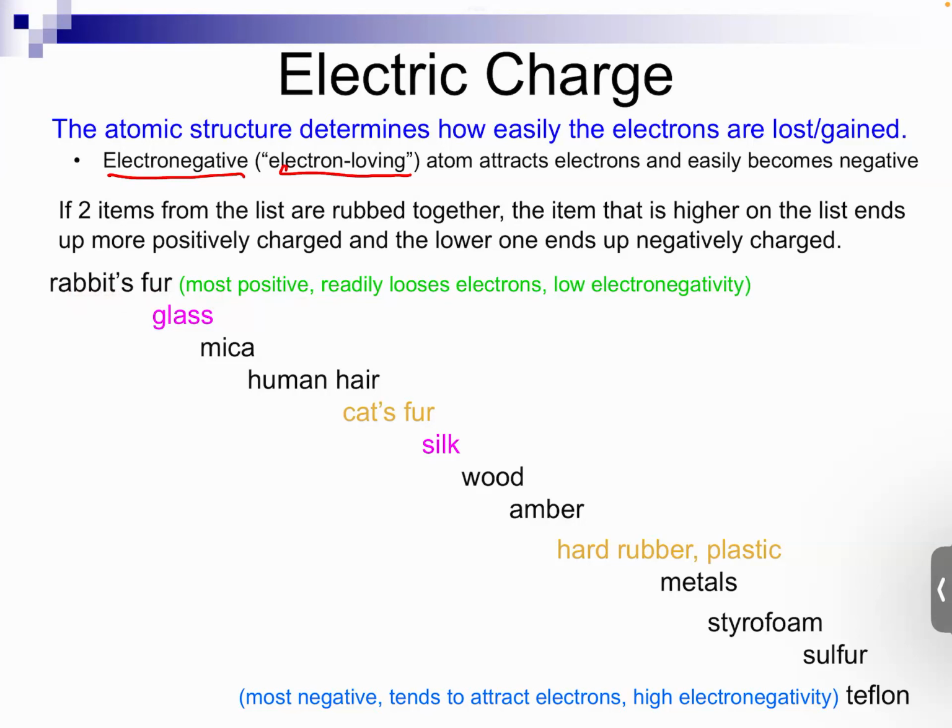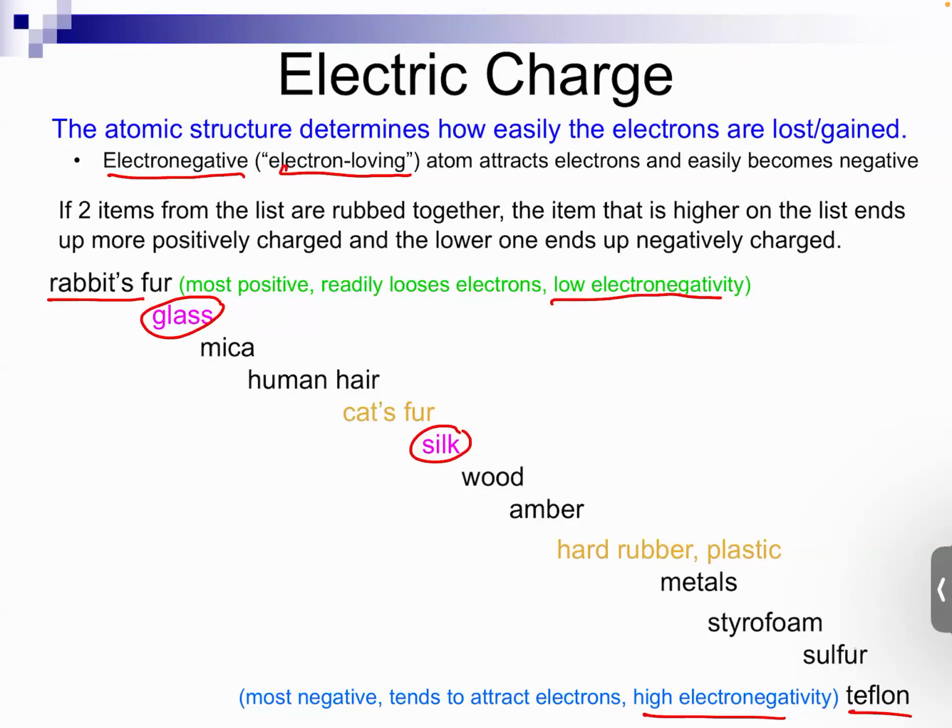going from low electronegativity to high electronegativity. So for example, if you rub silk with glass, glass is less electronegative compared to silk. Which material will gain electrons?